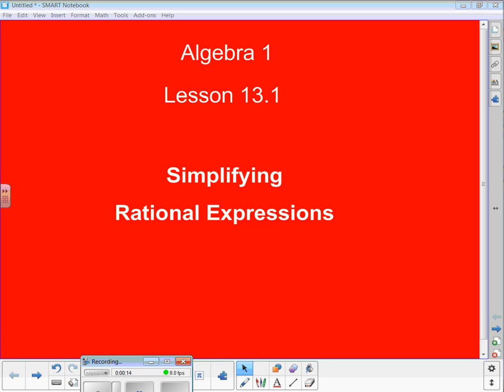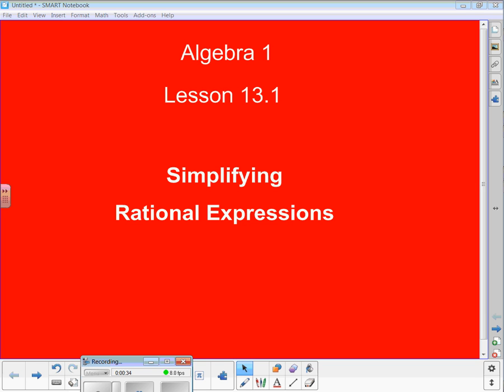All right, so a couple chapters ago, we learned how to factor. And at that point, I said to you, hey, factoring is a key thing in the rest of your algebra career. And we saw in the previous chapter, we used factoring to solve quadratic equations. And it's a big deal in solving second degree and higher equations.